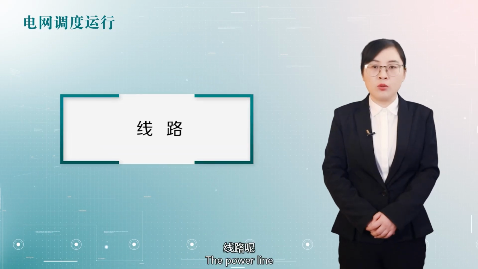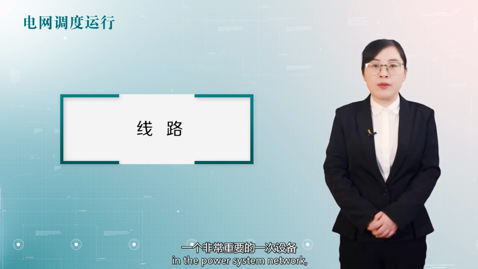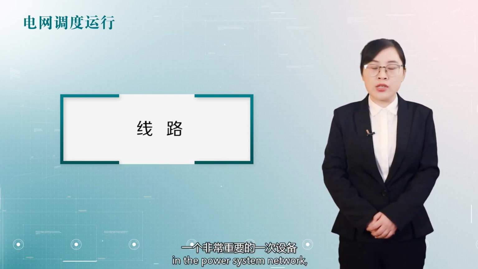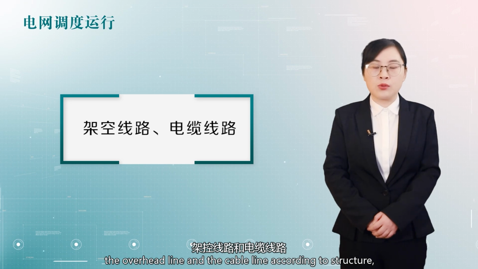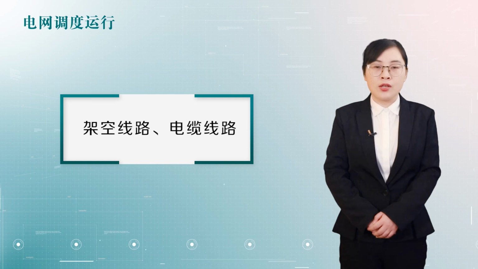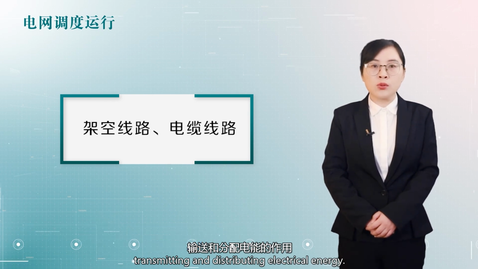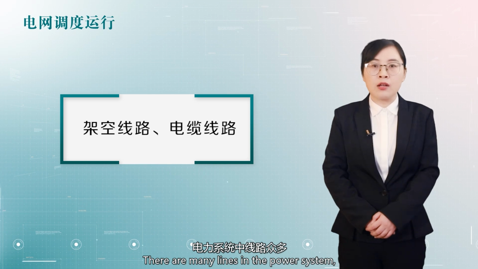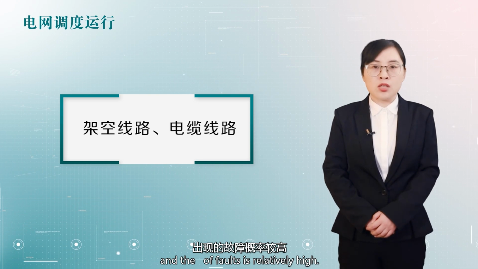The power line is a very important primary equipment in the power system network, which is divided into the overhead line and the cable line according to structure, responsible for transmitting and distributing electrical energy. There are many lines in the power system, and the voltage is relatively high.